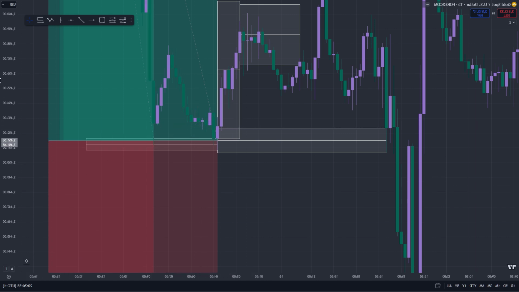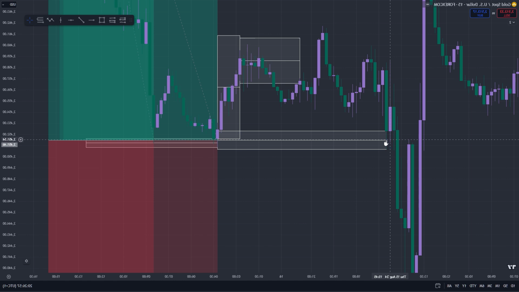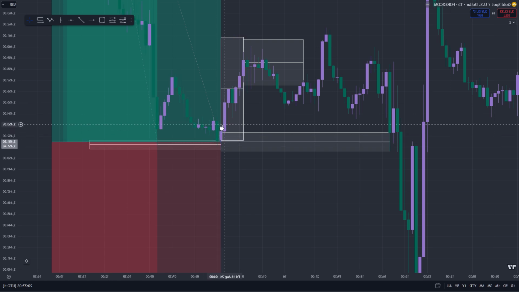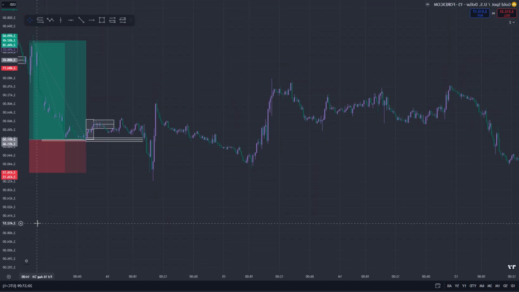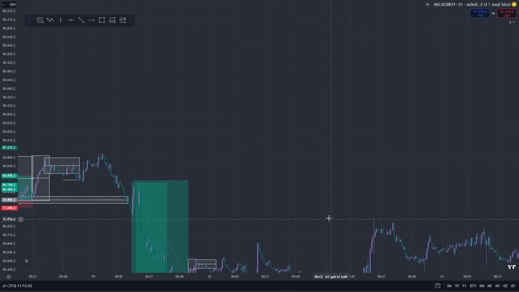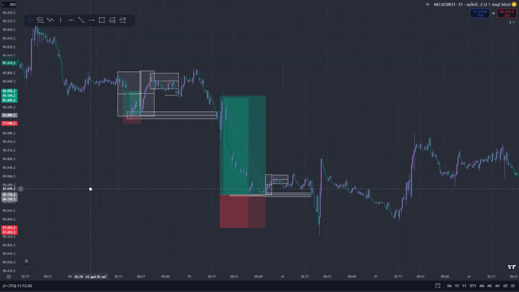And then for this one, you could either enter off that swing low, or alternatively, you could have entered off this swing low or the order block right here. Either one works. This strategy is so simple. I don't understand why I don't see too many traders use it, as this is a great strategy for beginners.